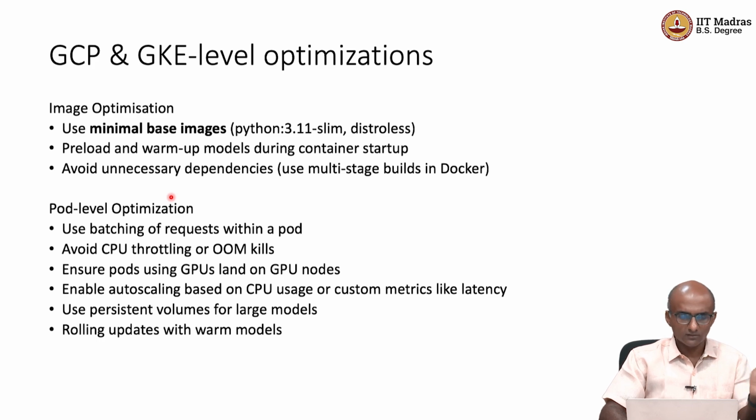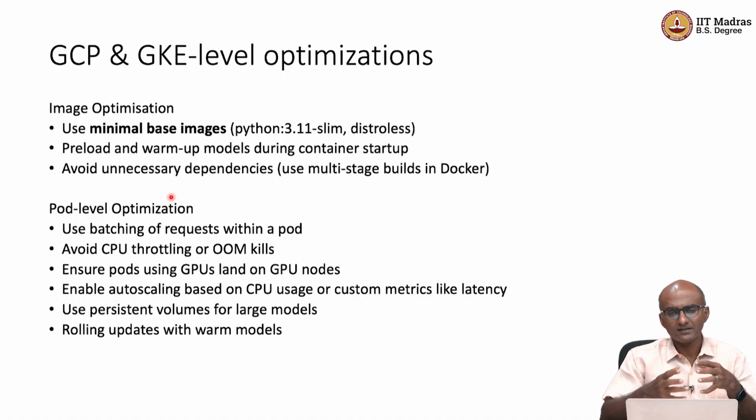Furthermore, beyond these general purpose optimizations, there are also specific optimizations available within GCP and within GKE. So one example is at the level of the image itself for Kubernetes environments which are managed by GKE, you can use ways of minimizing the impact of those images on the resource utilization by using slim versions of Python images.